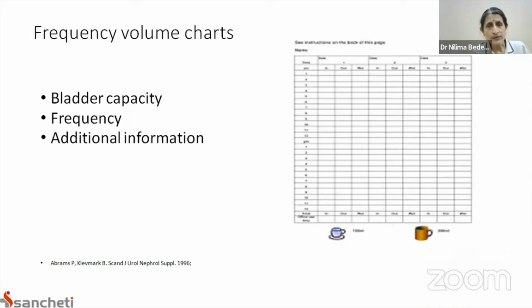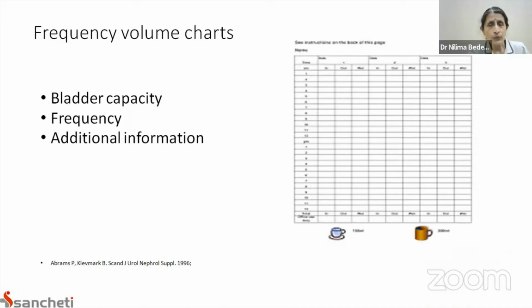So it needs to be kept for a minimum of 3 days, it is said. Keeping these diaries for 3 days is very, very stressful. But if it is done correctly, this gives quite adequate information.